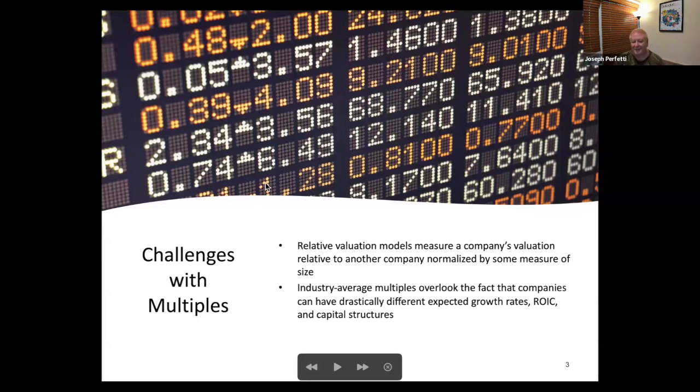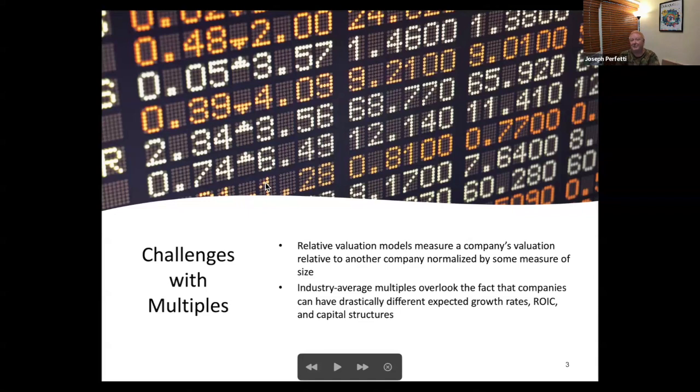So again, this just gets back to the challenge with multiples, is that what you end up having to do is that instead of just looking at purely the company, you want to try to look at companies of similar sizes and kind of similar growth rates and similar returns. That makes them more comparable, right?